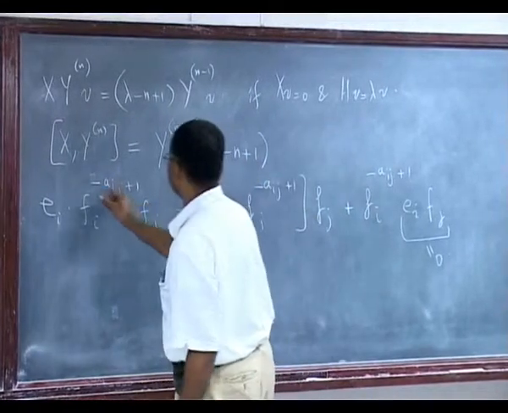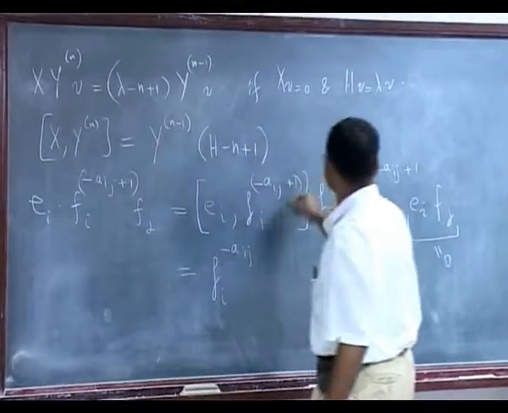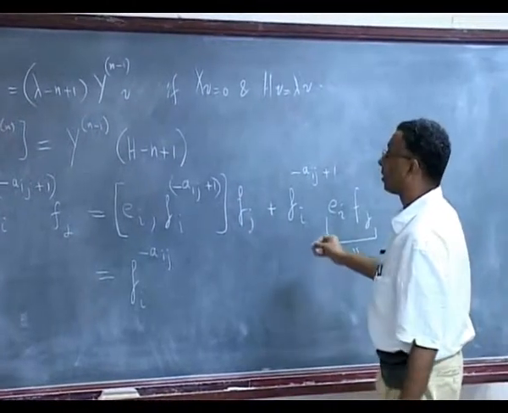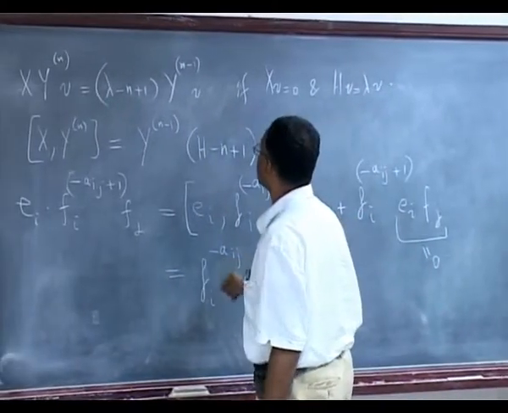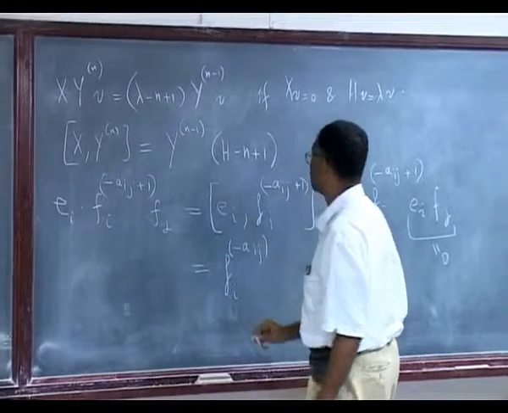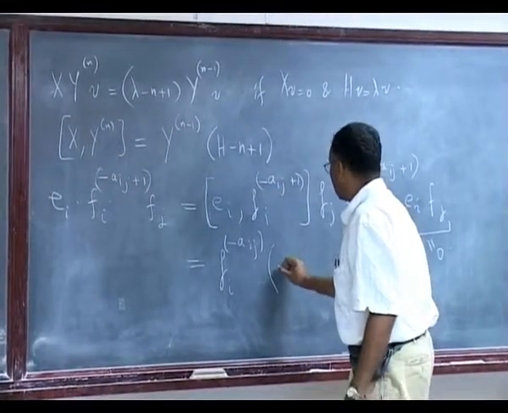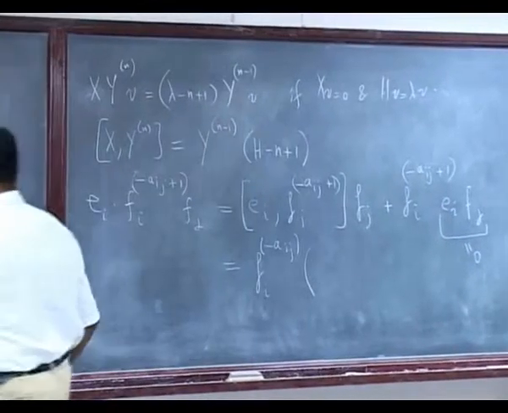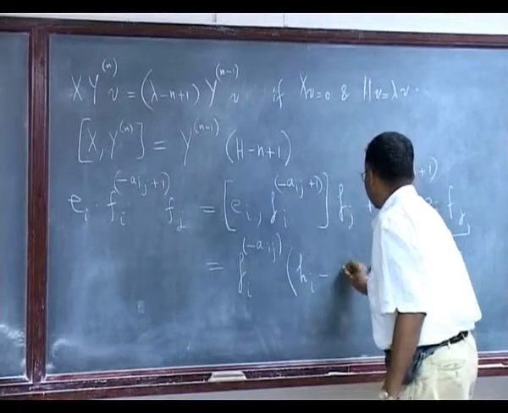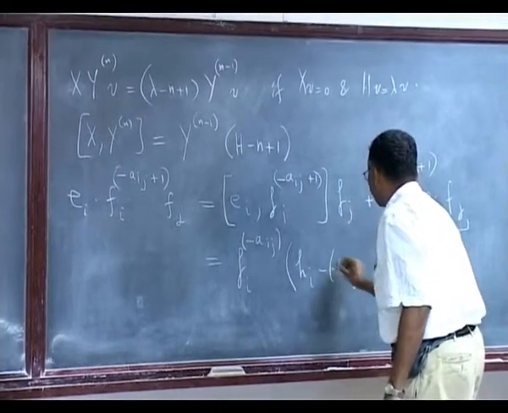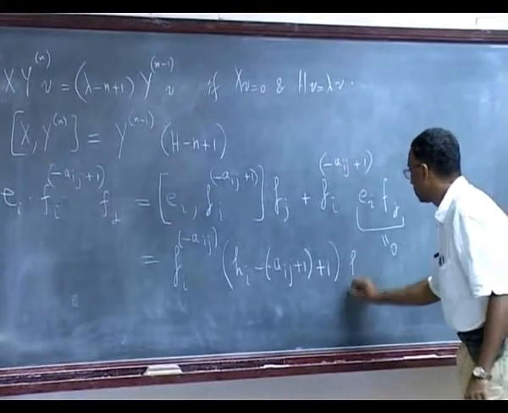So if you want, let's do this with divided powers. So minus Aij times H, H is Hi minus Aij plus 1, acting on Fj.